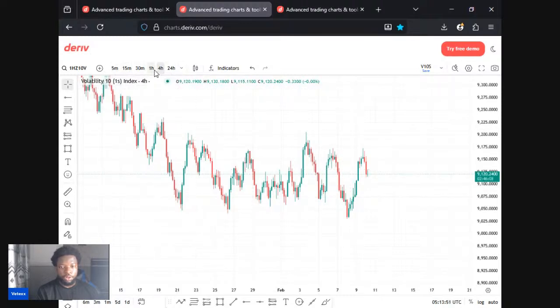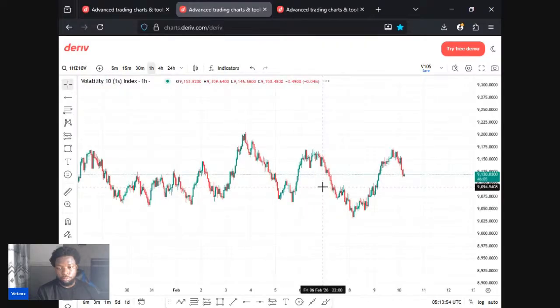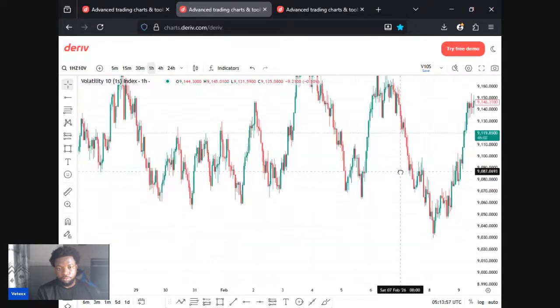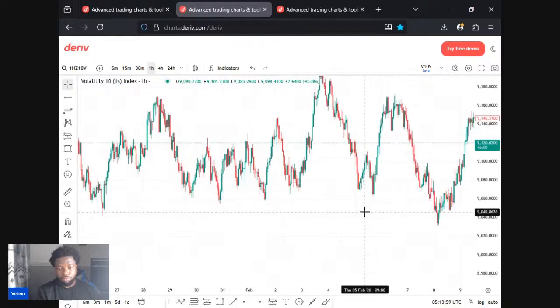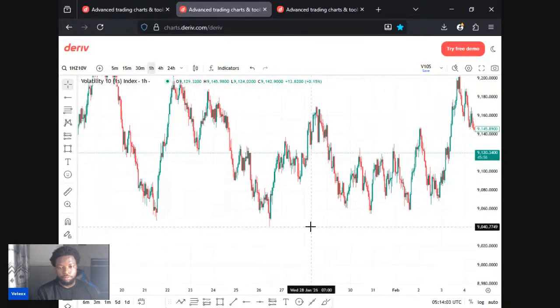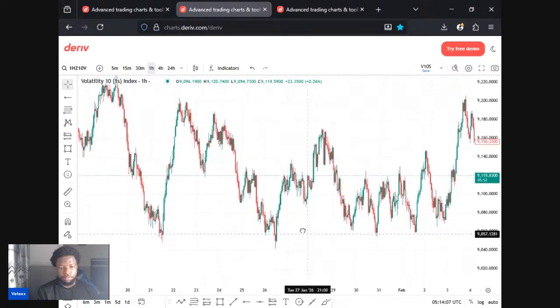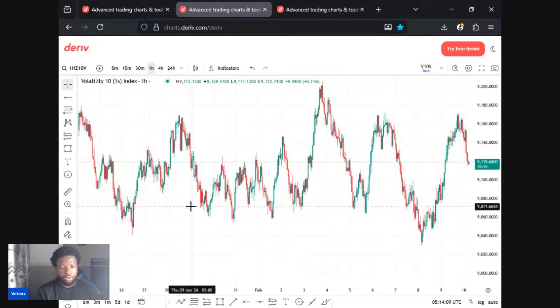Let me check the 1 hour time frame. The 1 hour time frame we had this. There's a sweep of liquidity here, and the price took it out.